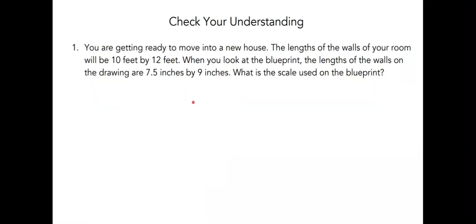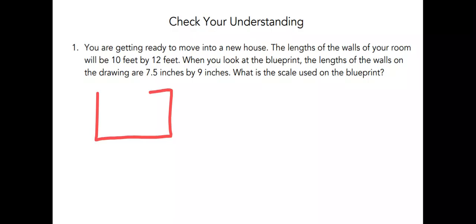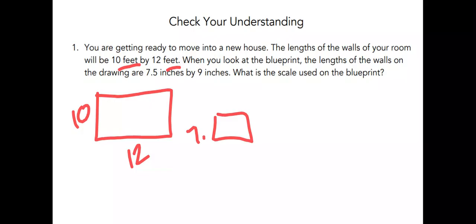Now for check your understanding, we're going to try a few of these problems together. You're getting ready to move into a new house. The lengths of the walls of your room will be 10 by 12 feet, so we'll assume it's a rectangular room. When you look at the blueprint, the lengths of the walls on the drawing are much smaller: 7.5 inches by 9 inches.